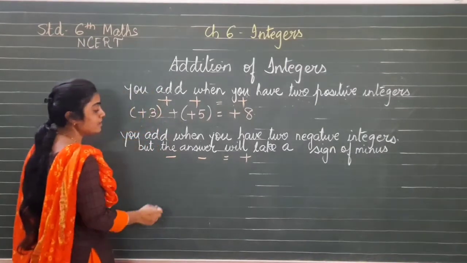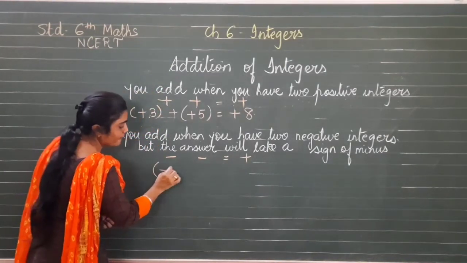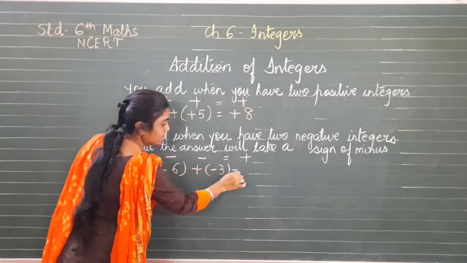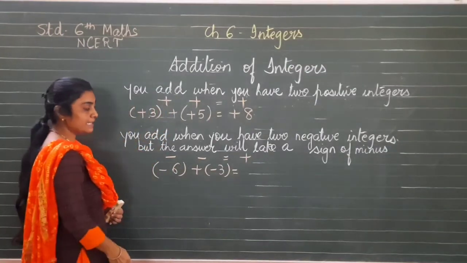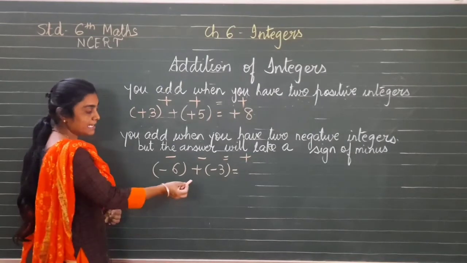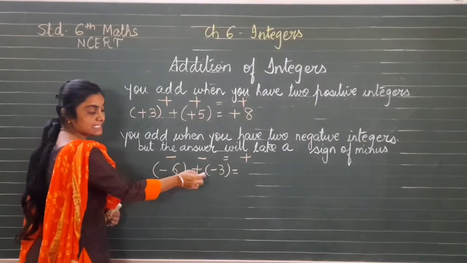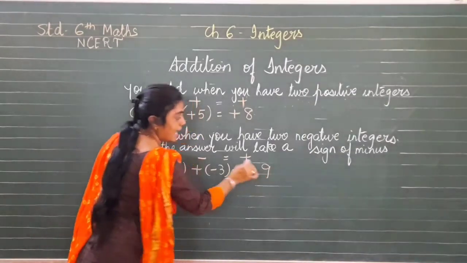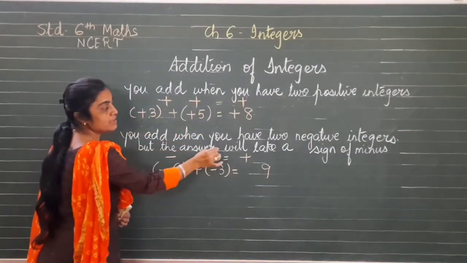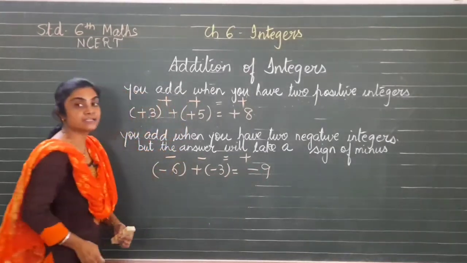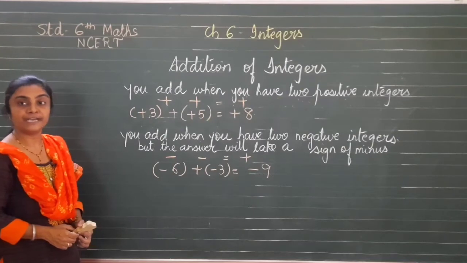Let us take an example. -6 plus -3. Both the integers are negative. According to the rule, you have to add. 6 plus 3 is 9, but the answer will take a sign of minus. So you will put a sign of minus. So this was about addition of integers with the same signs.